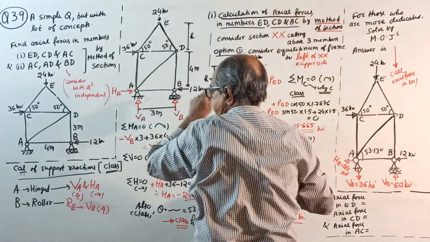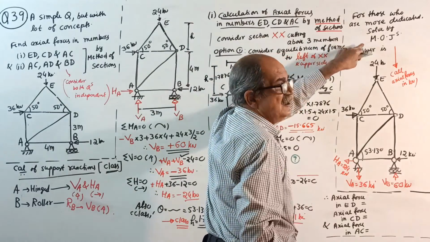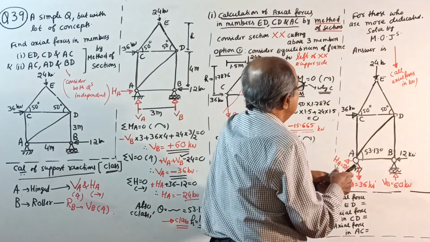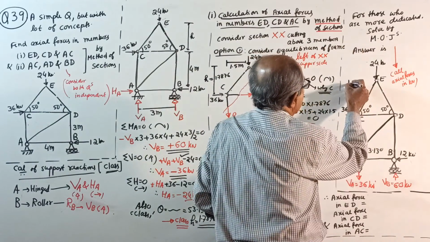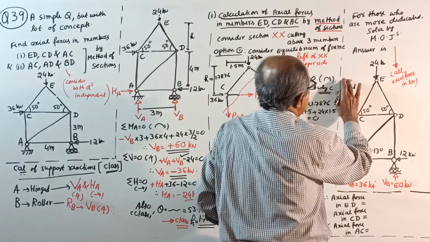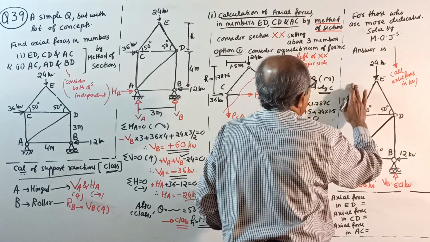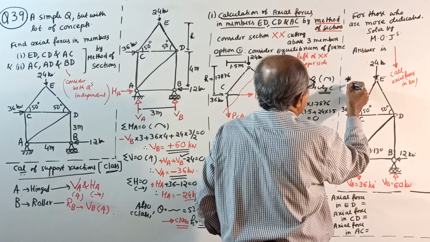What you do? As soon as you get support reaction, you come to this sketch. This is the star sketch. Remember, I always told this is a star sketch. Someone will ask, what is star sketch? You are not following what all I am telling. Suddenly you are coming to a class.